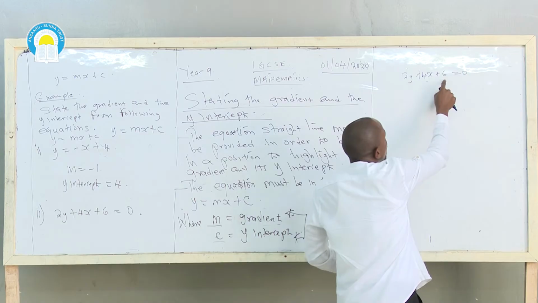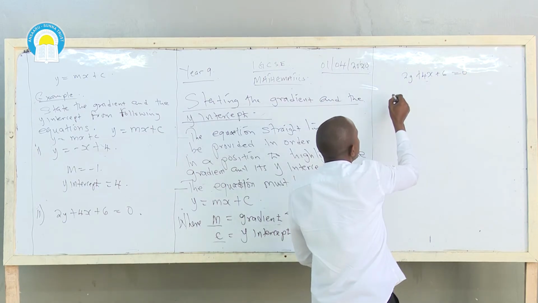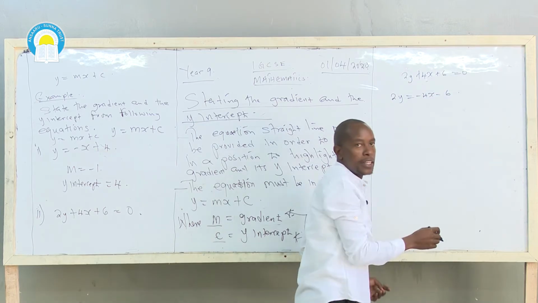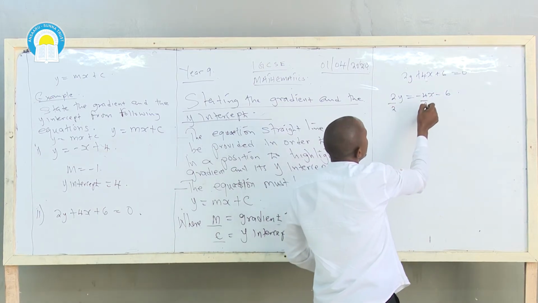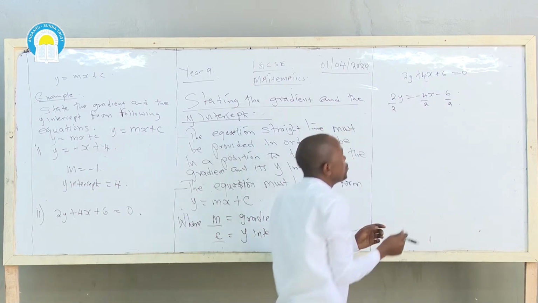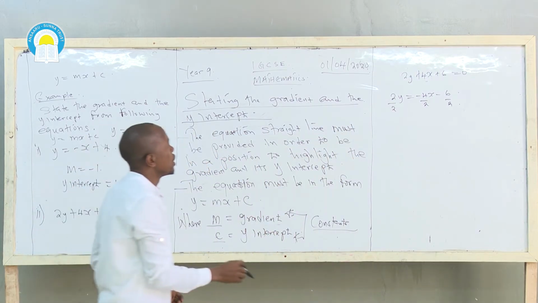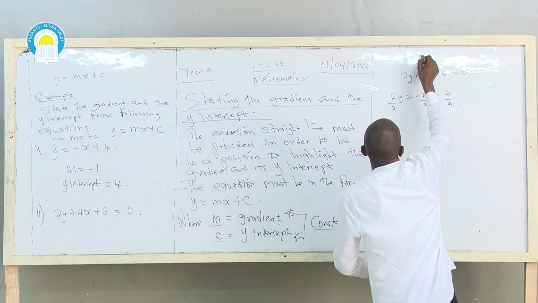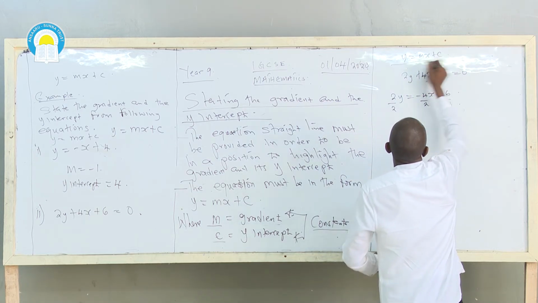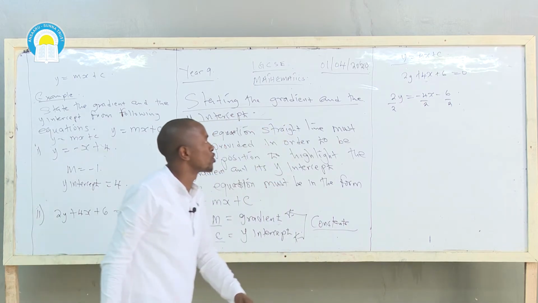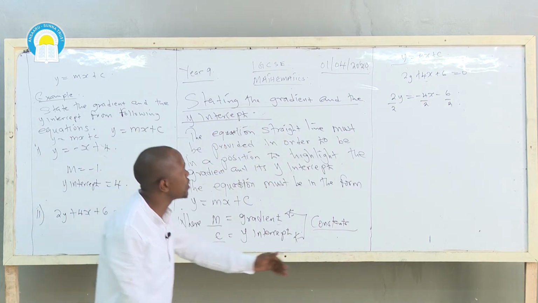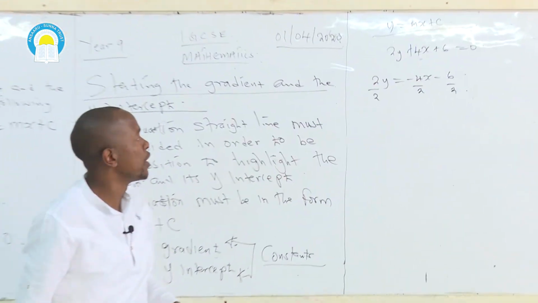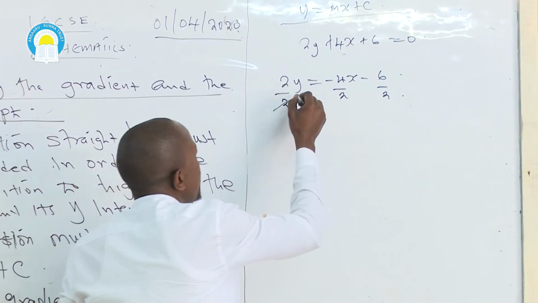Take these two to the other side. We're going to have 2y is equals to minus 4x minus 6. Then divide both sides by 2, to remove the coefficient, because the point here is making y the subject of the formula, as in expressing y in terms of mx and c. Now, this and that will cancel.